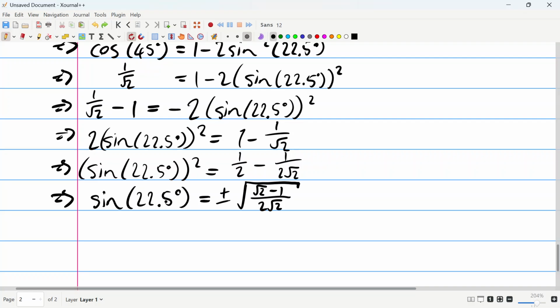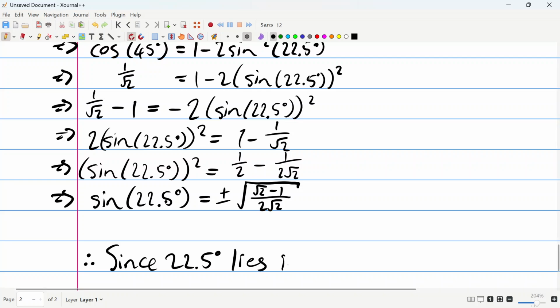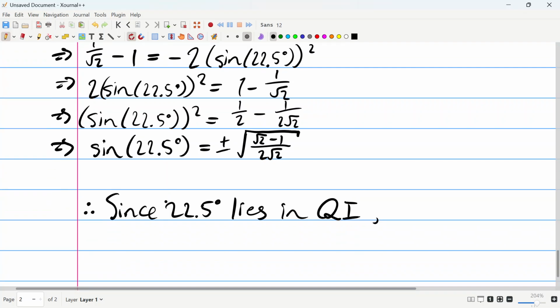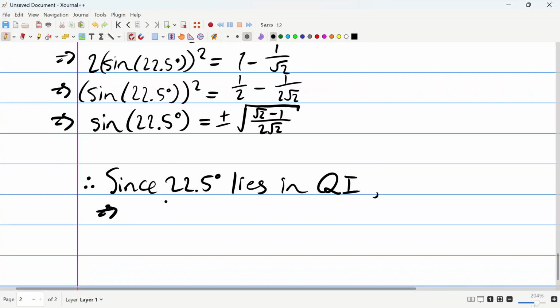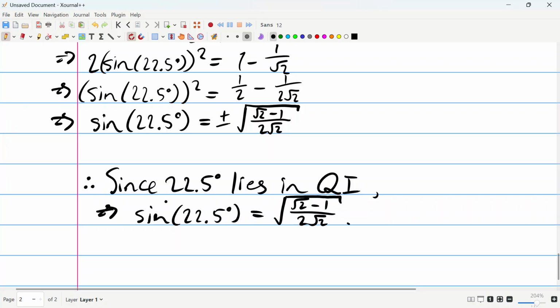So, therefore, you can say since 22.5 degrees lies in quadrant 1, this implies to us that sine of 22.5 degrees is equal to the square root of 2 minus 1 over 2 root 2. There we go. And that would be the final answer for this one.